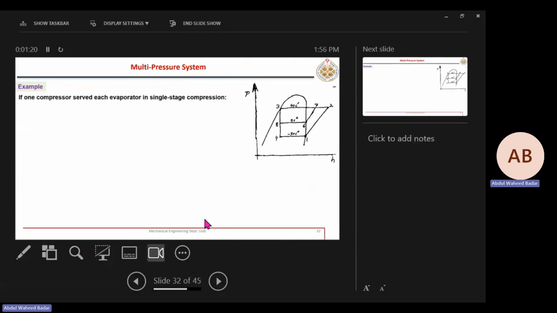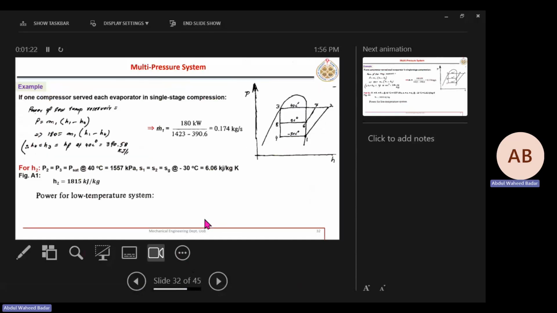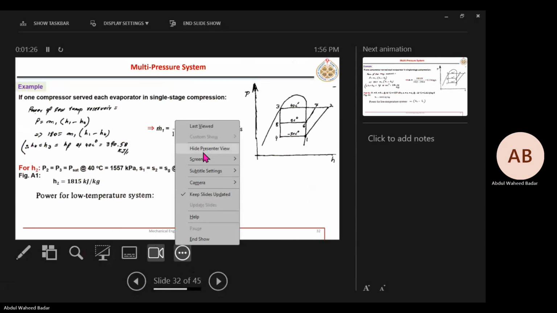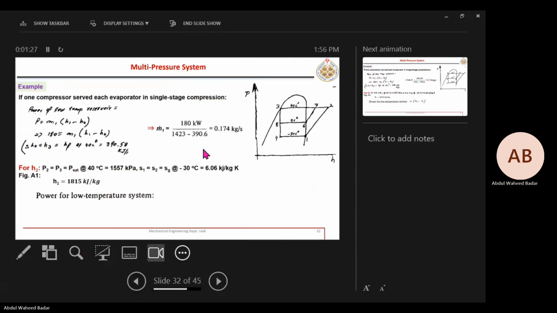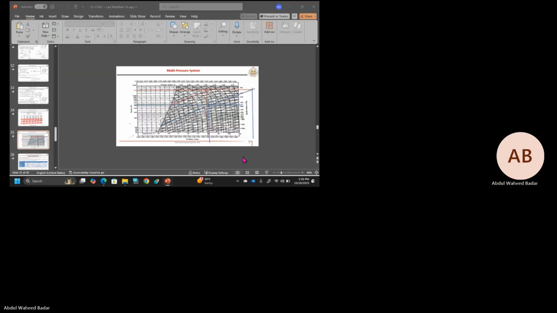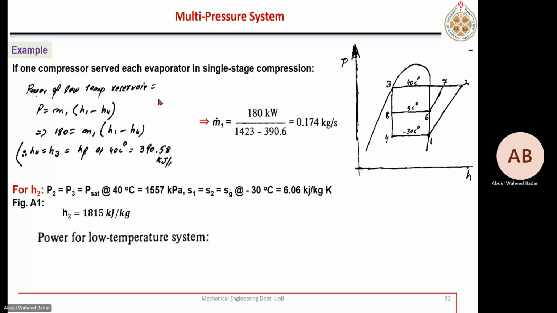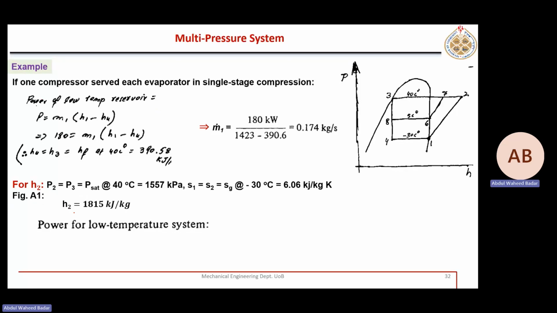So this was part 1. Now for part 2, we just saw this is enthalpy H2. So this is clear.